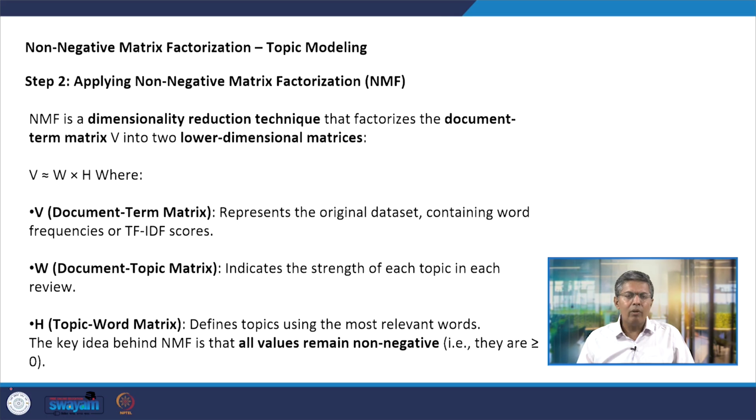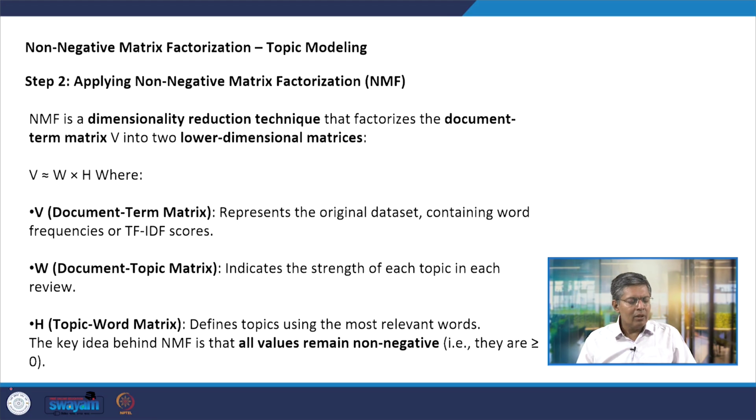Similarly, here also we are doing a similar kind of approach. So, it is a dimensionality reduction technique that factorizes the document term matrix, which is the V that you saw last, into 2 lower dimensional matrices.